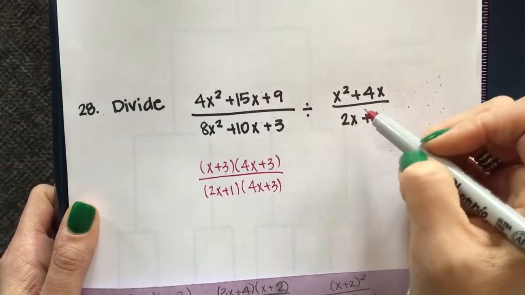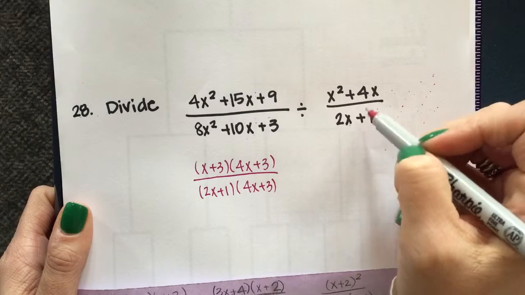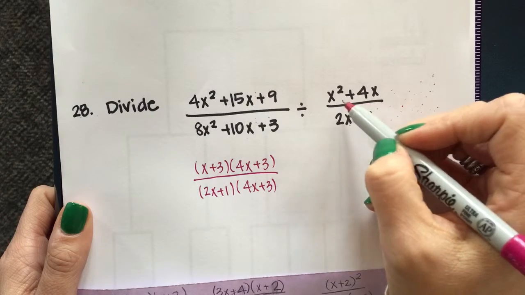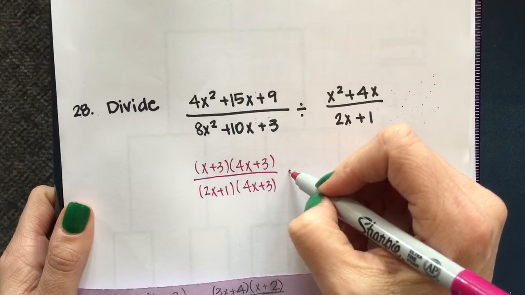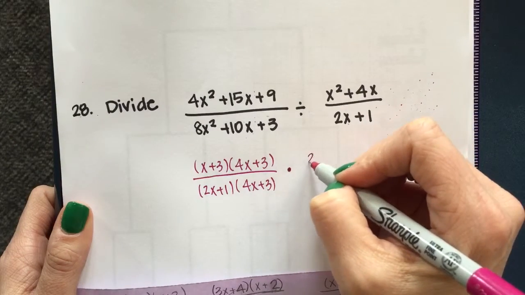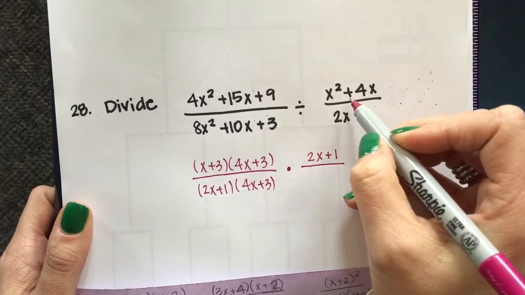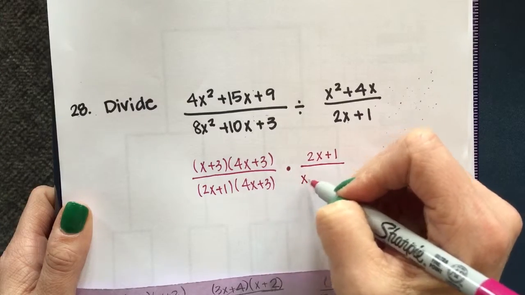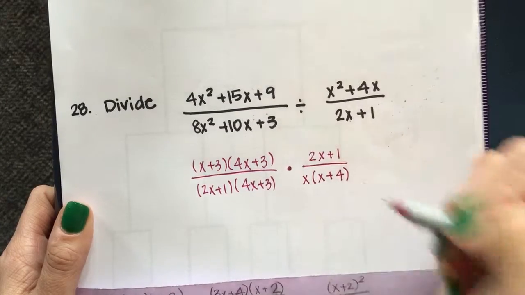So I'm going to do two steps at the same time on this one. The bottom doesn't factor, but the top I can factor out a GCF, a greatest common factor. I can take an x. But I'm also going to change it into a multiplication problem by flipping the second fraction. So this will be 2x plus 1 on the top now, and then x squared plus 4x will be on the bottom, but I'm going to factor that x out. So I get x plus 4.